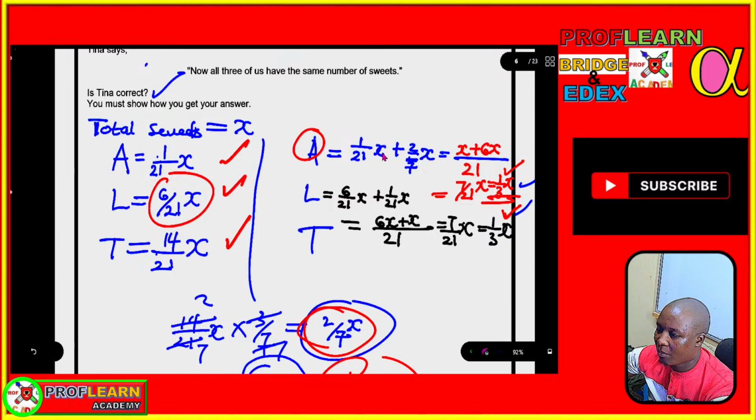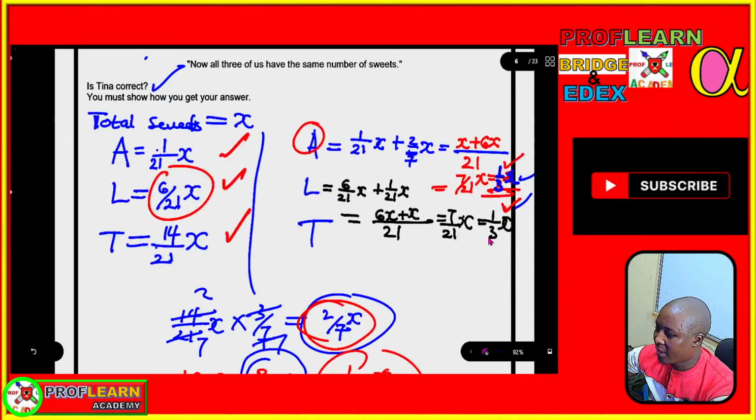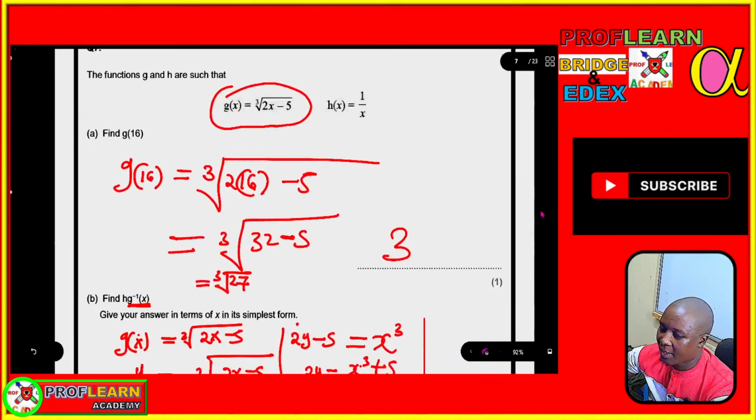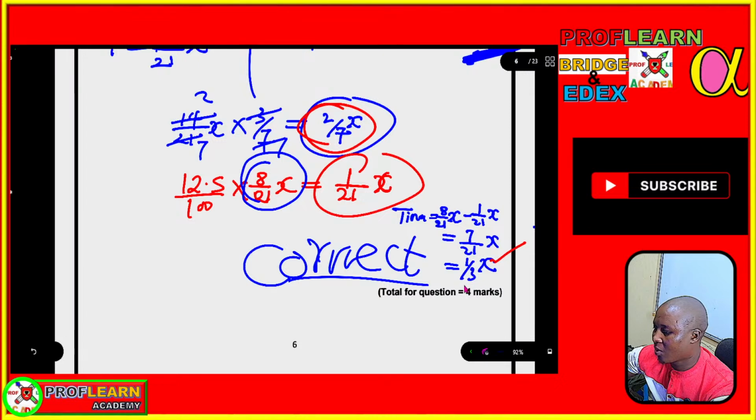So 1/21x plus 2/7x, the final answer became 1/3x. And she also gives 12.5% of the rest to Luke, and that gives us this value. The amount of sweets she remained with was 1/3 of x, and basically that's what we did in that particular live.